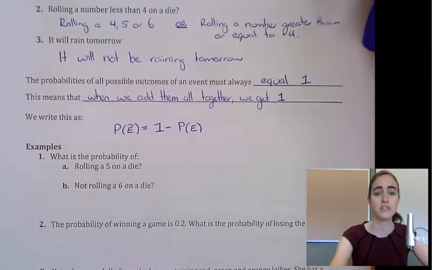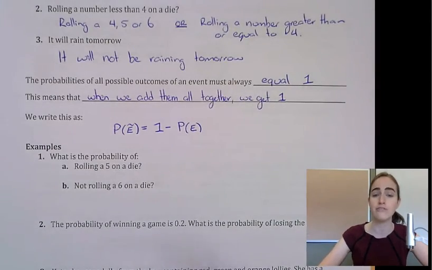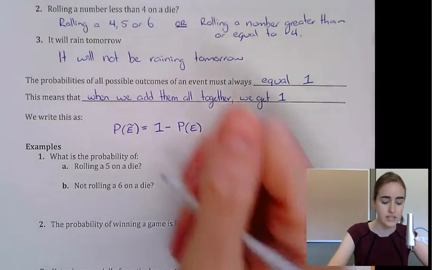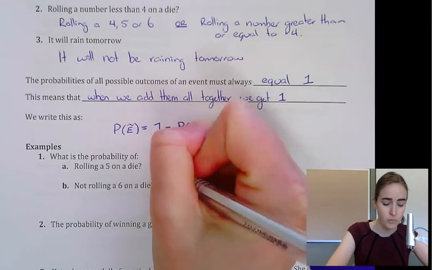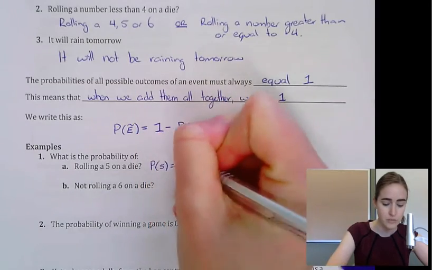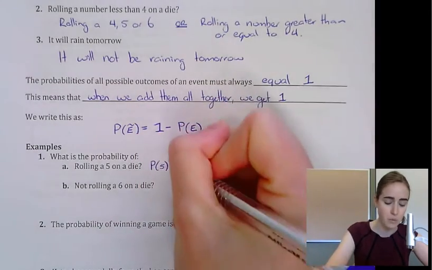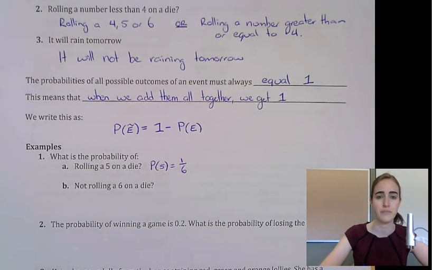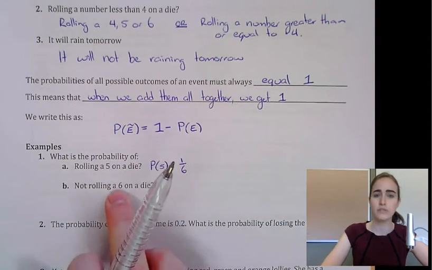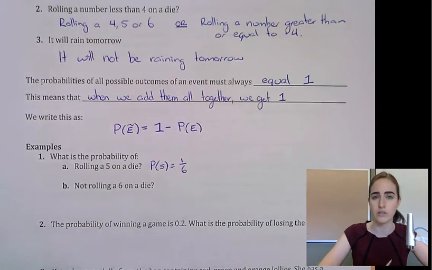Our first one says, what is the probability of rolling a 5 on a die? So we know there's 6 possible outcomes and only one of them is a 5. So the probability of a 5 is 1 out of 6. Now the probability of not rolling a 6 on a die. We know that the probability of rolling a 6 is 1 over 6.